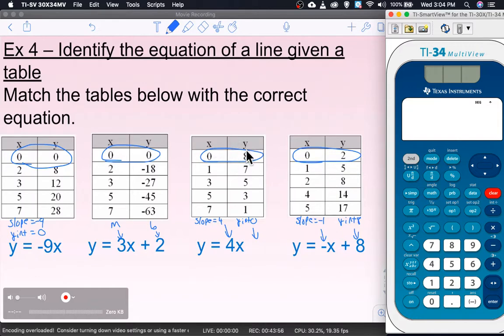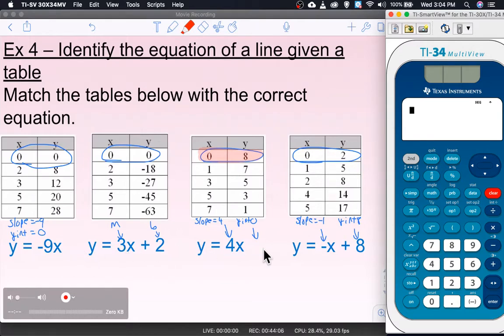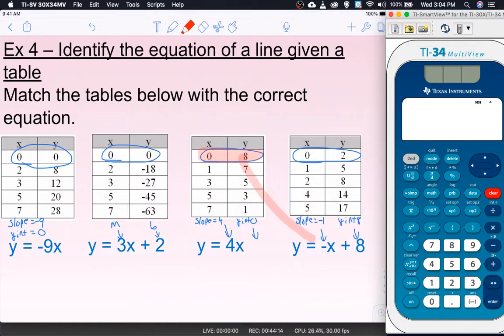That means this table has a y-intercept of 8. That is my y-intercept right there. So now which equation below has a y-intercept of 8? The fourth one here. So these two go together. They have the same y-intercept.